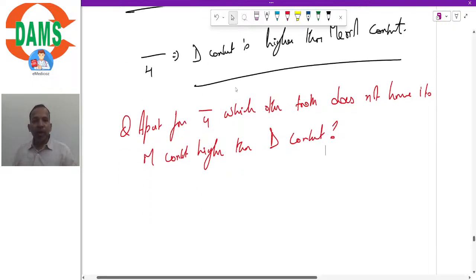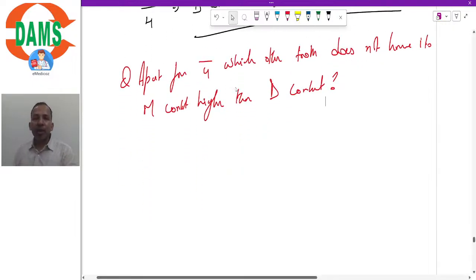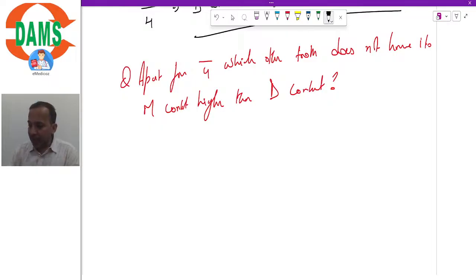So what would you say? Though I am saying that this is the only exception where the distal contact is higher, right? The lower first premolar is the only exception where the distal contact is higher. Yet I am asking which other tooth does not have its mesial contact higher than the distal contact?